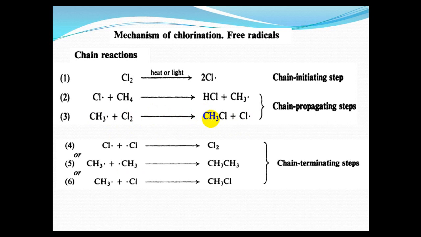The end step of the reaction can occur by one of the following steps: either a free radical of chlorine unites with another free radical in order to produce a chlorine molecule, or a free radical of methyl with another methyl in order to produce ethane, alkane, or a free radical of methyl group can be joined with a free radical of chlorine in order to produce chloromethane.